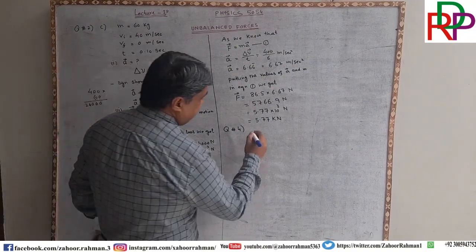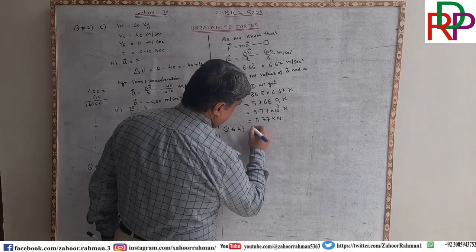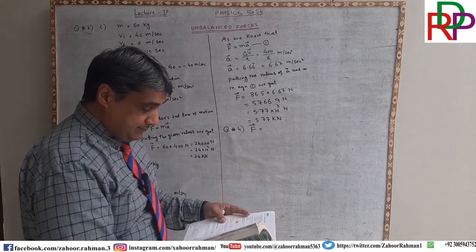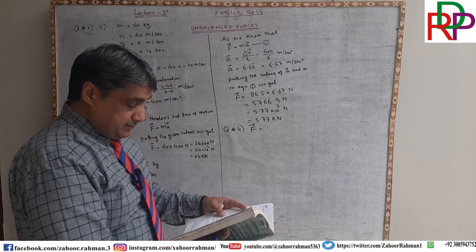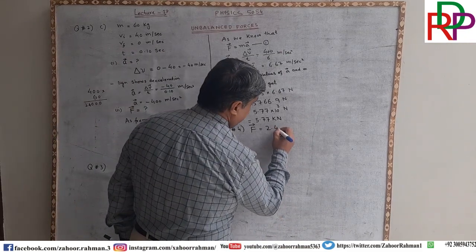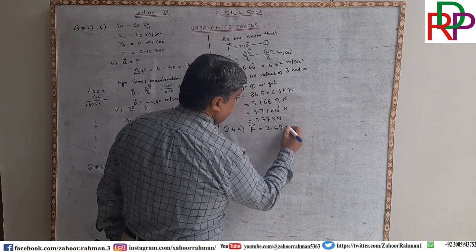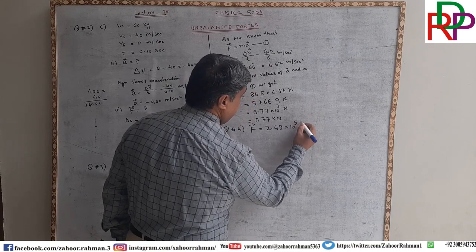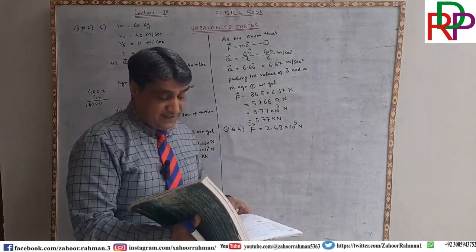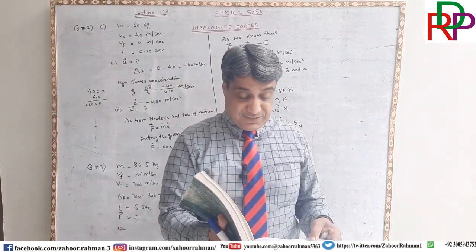So we will write thrust as a force, and they have given us this force as 2.49 into 10 raised to the power 5 Newton. Okay, that is the first available data.